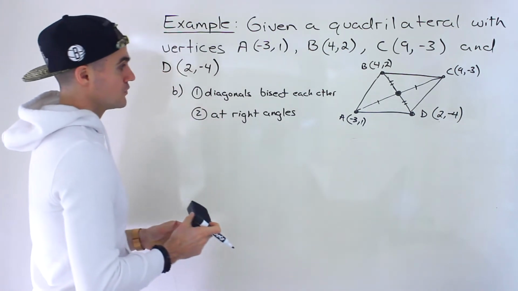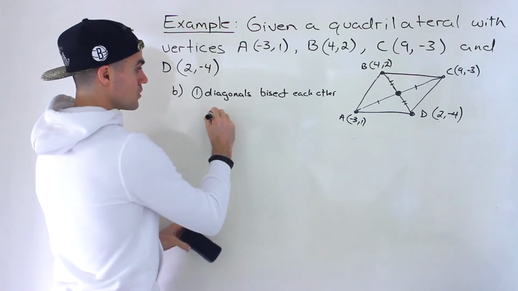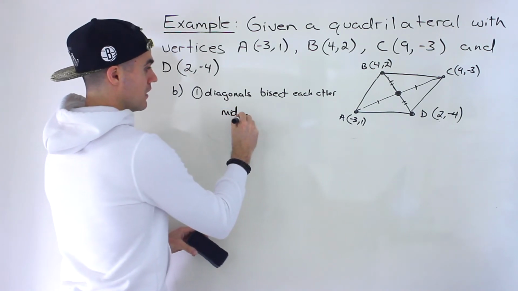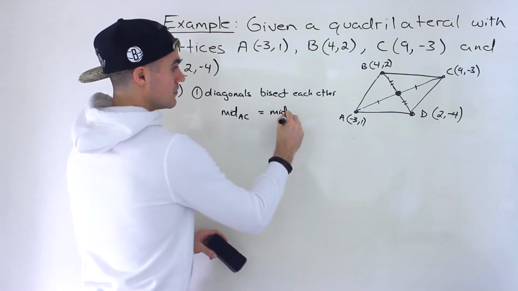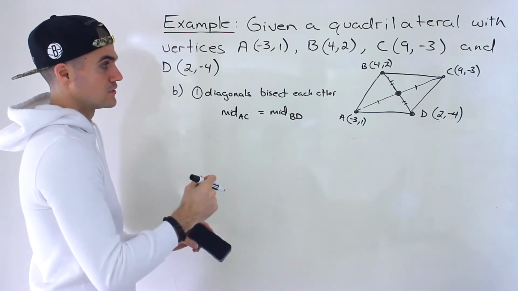And so that's all we have to do for part 1. So in part 1, all we have to show is that the midpoint of AC is equal to the midpoint of BD. All right, and that's enough to show.